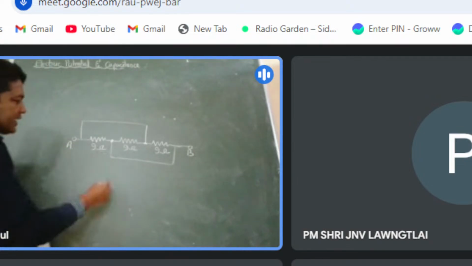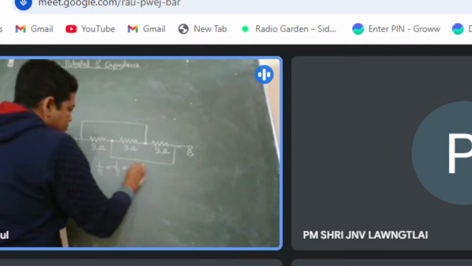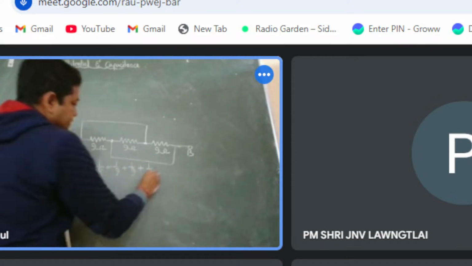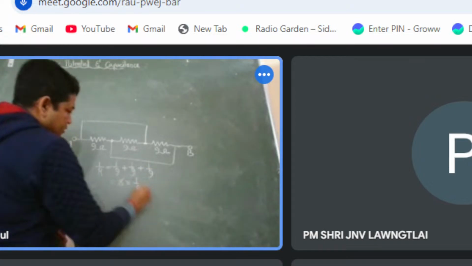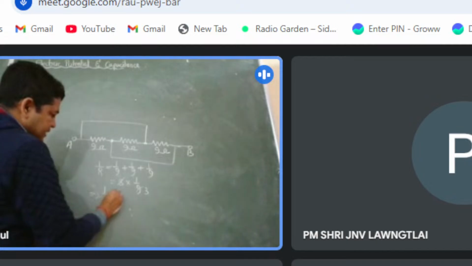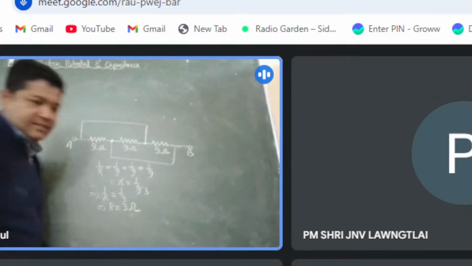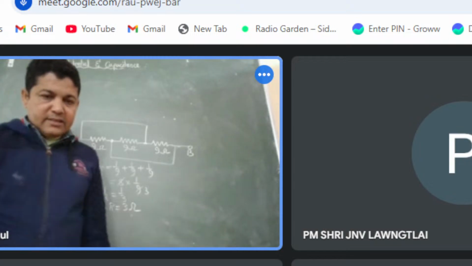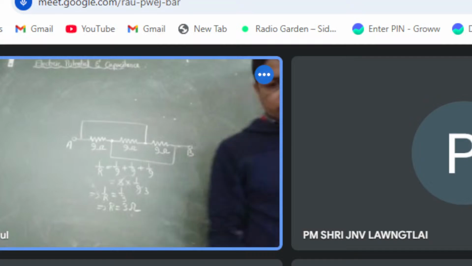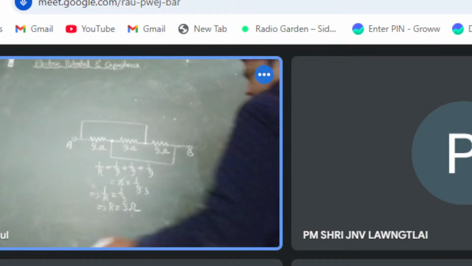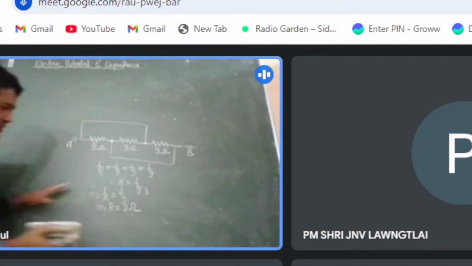So since it is a parallel combination, 1 by R is equal to 1 by 9 plus 1 by 9 plus 1 by 9. So the answer is 3 into 1 by 9, so 1 by 3. So 1 by R is equal to 1 by 3. So R is actually 3, like this. Is it okay?